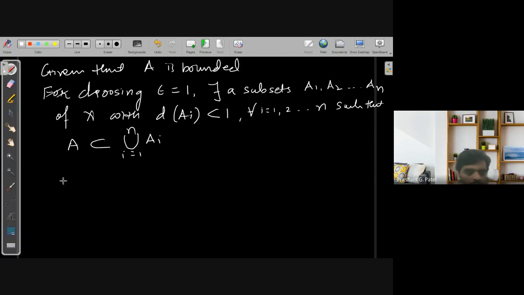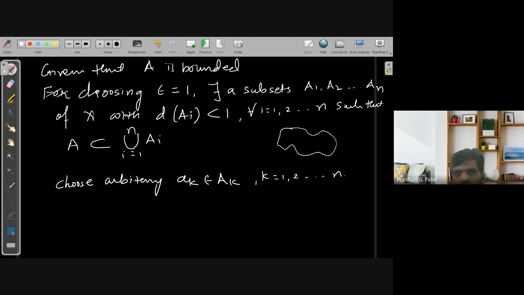Now let us choose an arbitrary point ak in each of these Ak, for every k running from 1 to n. So there are some sets which cover this set A, and this is the situation.